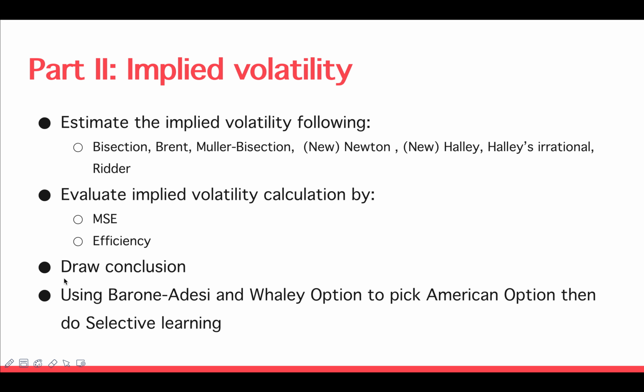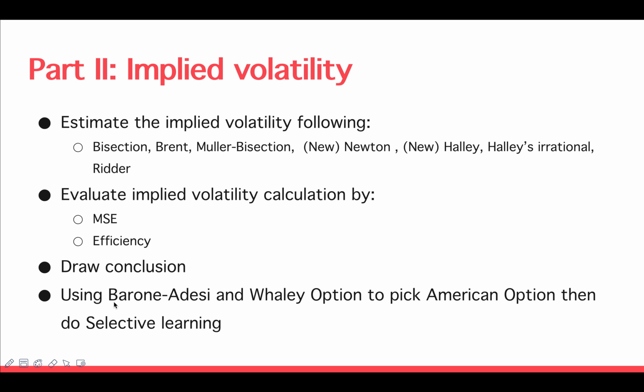In the second part, we will use BAW to find the American options and then do selective learning. In the selective learning, we will use some machine learning methods like KNN, SVM, random forest, some boosting, and DNN methods.